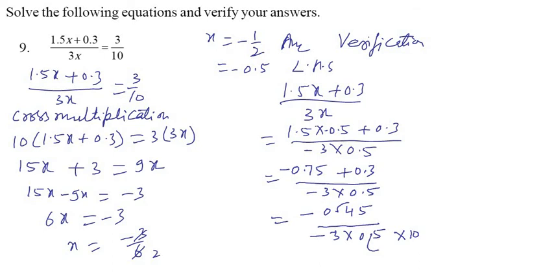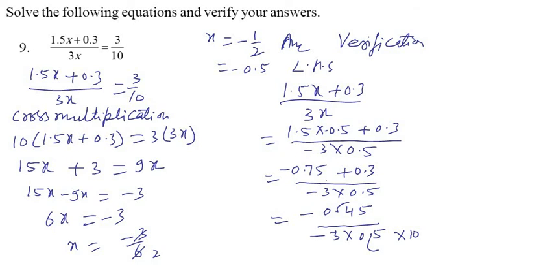Put the value of x here. So 1.5 into minus 0.5 plus 0.3, and here 3 into minus 0.5. So 15 times 5 is 75, so it is minus 0.75 plus 0.3 upon 3 into minus 0.5.